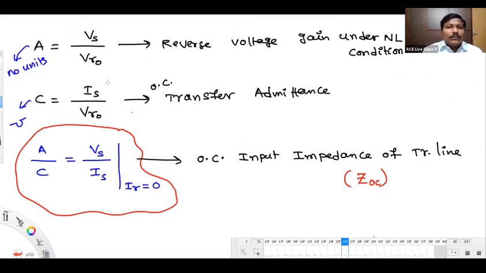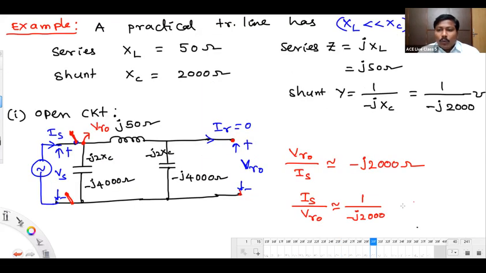See, IS by VR0 is the parameter C. And that C is approximately equal to 1 by minus J2000, the shunt admittance of the transmission line. Clear? This is the result you are getting from the open circuit analysis of the transmission line, not the network you draw simply in network analysis.